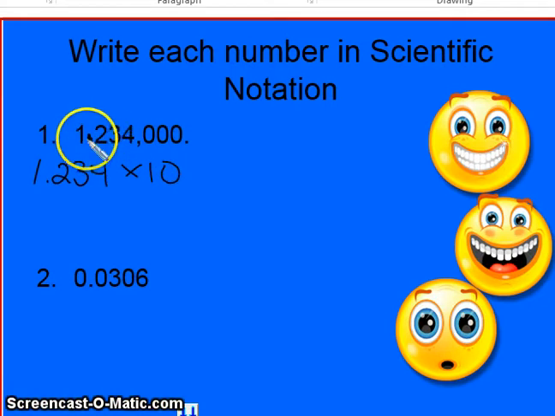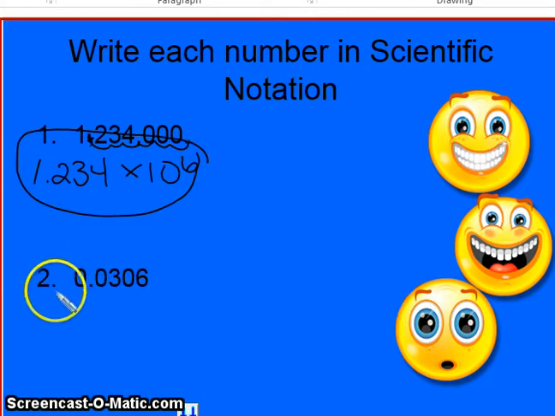So here's the one that I put in. Here's the original decimal point. I have to move this decimal point 1, 2, 3, 4, 5, 6 units to the right. Now, since it's to the right, it's positive, and the number of units I moved it was 6. So my power of 10 is positive 6. So it's 1.234 times 10 to the 6th power.